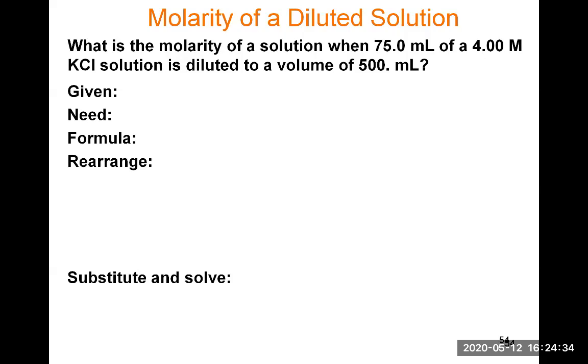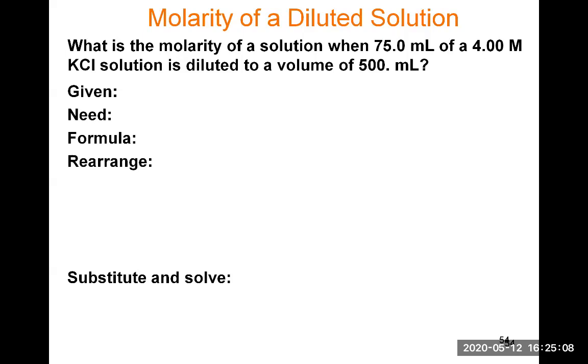As always, extract the information from the text. When you see that a solution is diluted to a volume, that is the keyword that tells you it's dilution. So you will need to use C1V1 equals C2V2, and it's important to give the proper value to the proper variable.